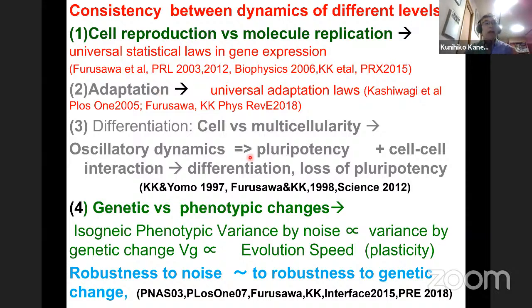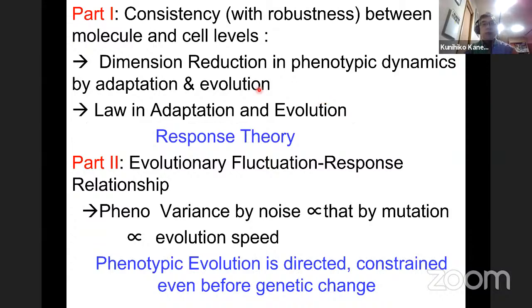But today I mainly focus on the consistency between molecule level and cell level, and that leads to dimensional reduction of high dimensional phenotypic dynamics for adaptation and evolution. That's a response theory. We can also have a fluctuation theory, according to the fluctuation-response relationship, that is extended to evolution theory. But I don't have enough time to talk on this, so anyway, I start from here.